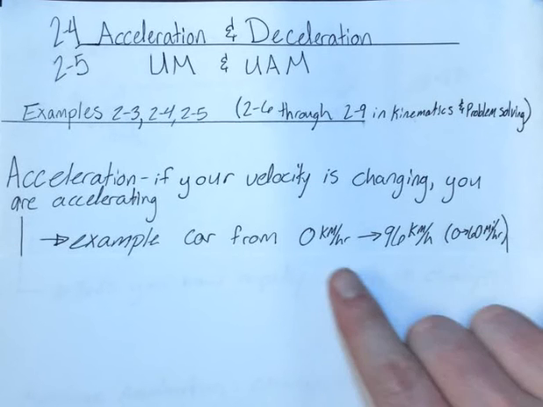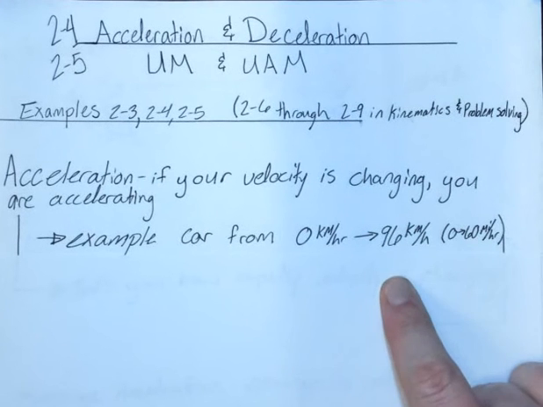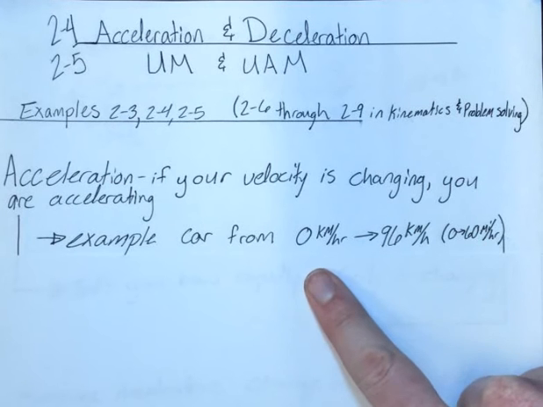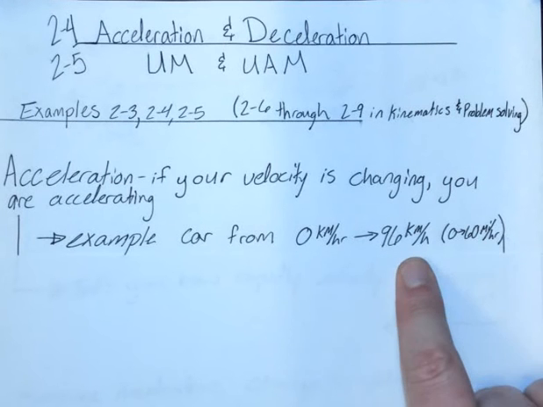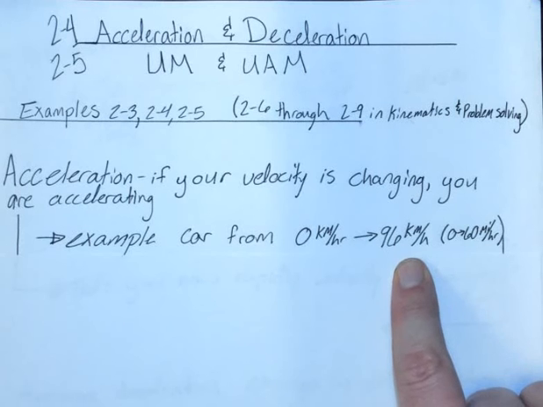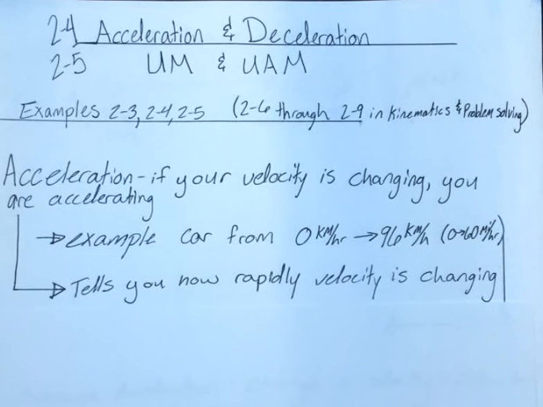Because these are velocities, and because the velocity has changed from a car at rest to a car that is not at rest, this car can accelerate. So that means that acceleration really is just able to tell you how rapidly velocity is changing.